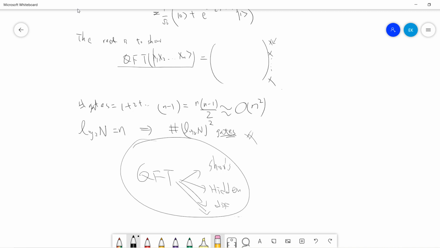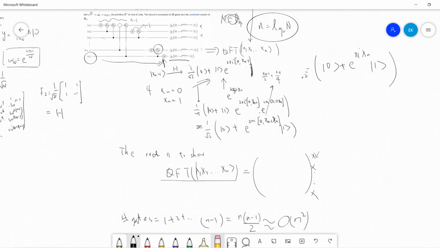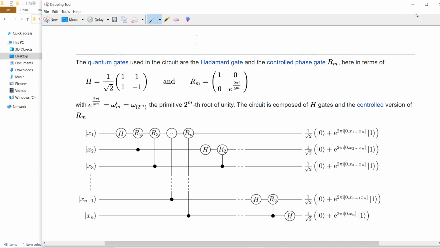Okay, so in the next video, I will talk about quantum phase estimation, which also uses this quantum Fourier transform. And you can go to see my Shor's algorithm and discrete log algorithm videos, which already used the quantum Fourier transform. Yeah, so this is just a technical video which explains why this is true in this small context. And finally, just check. Okay, I will see you guys in the next video.